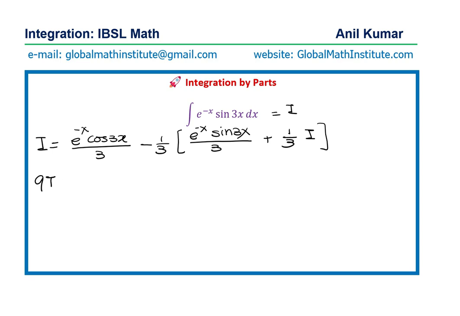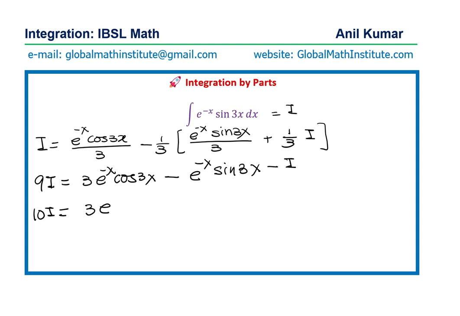Then I get 9I equals 3 times e to the power of minus x cos 3x minus, and these 3's get cancelled with 9, and we get minus e to the power of minus x sine 3x, plus, and minus becomes minus I, correct? Now bringing this I to the left hand side, we get 10I equal to 3 e to the power of minus x cos 3x minus e to the power of minus x sine 3x.